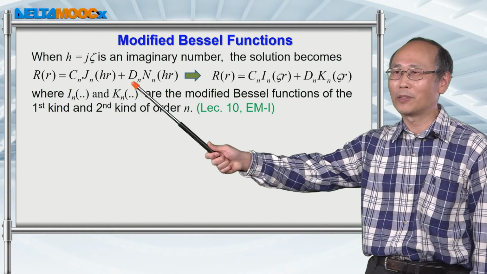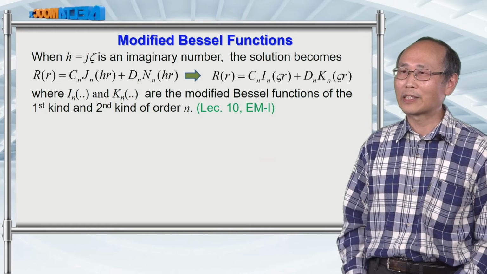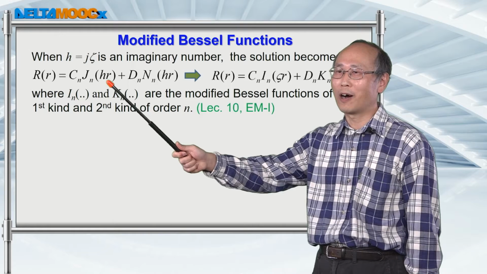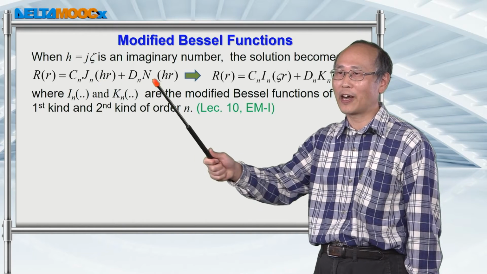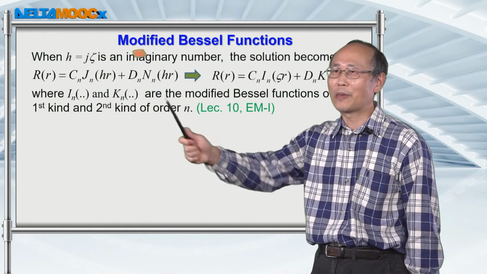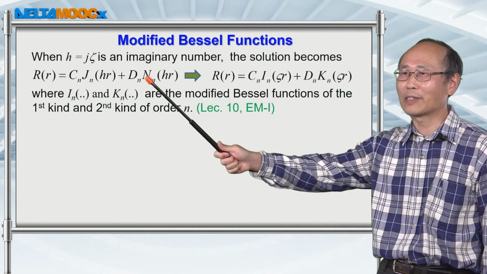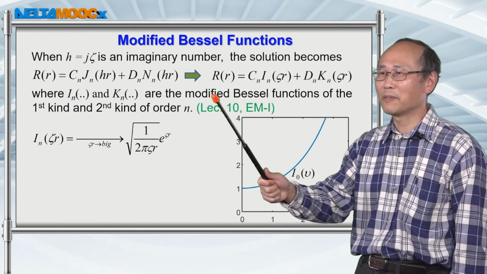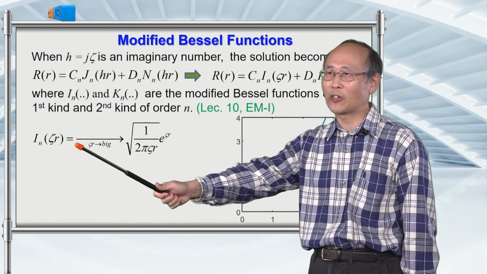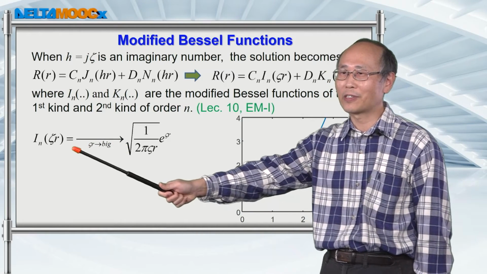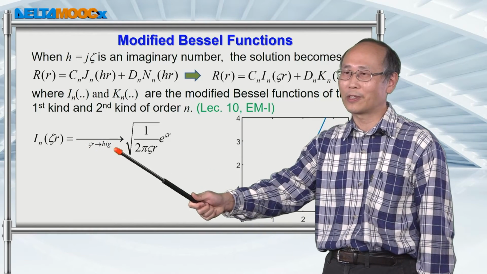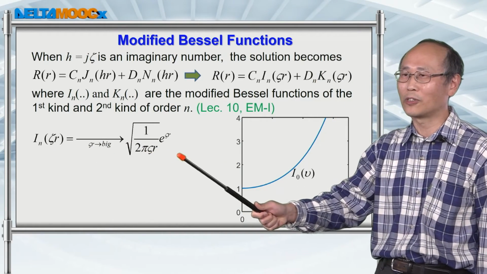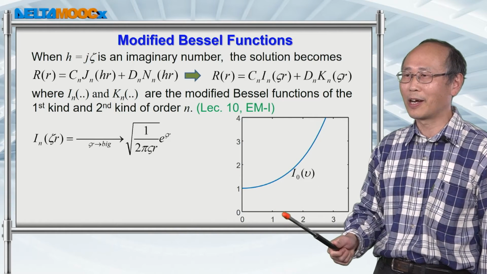The same thing happens to the solutions inside a cylindrical waveguide. If you put an imaginary number into the argument of the Bessel function of the first kind and second kind, then you turn the Bessel functions into modified Bessel functions. For example, if I have the modified Bessel function of the first kind and allow its argument to approach a big value, then this function is going to approach an exponential function like this.